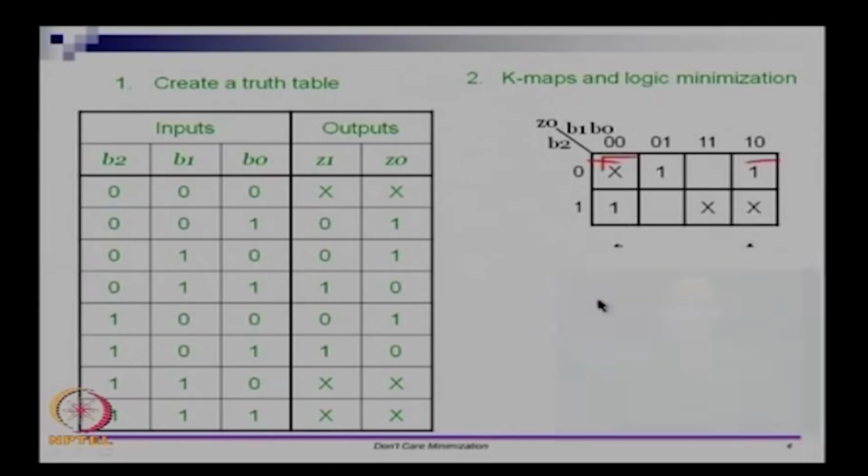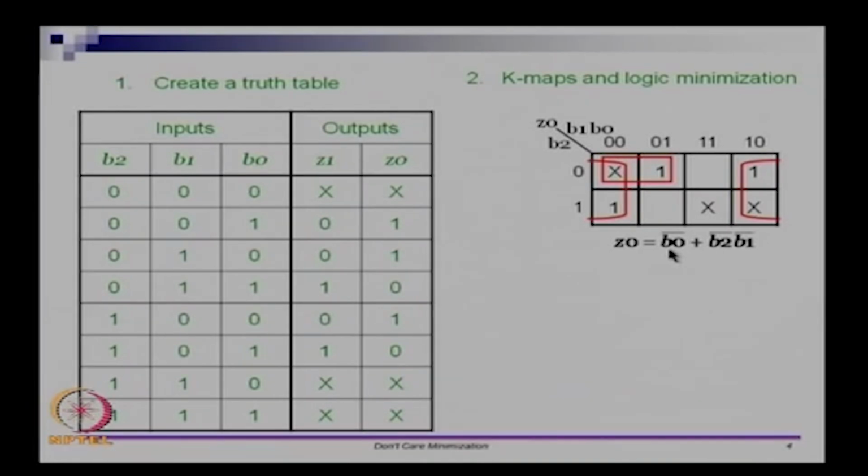Let me group them. So when we group them, these 4, this quad, as we call it, this x 1, 1 and x is called a quad. So in the quad we have 4 terms, and the quad minimizes to this term b naught complement. So you can notice that b2 is straddling across 2 rows, so we cannot have b2 in the term. If you look at this column and this column, only b naught is remaining steady at its complemented value.